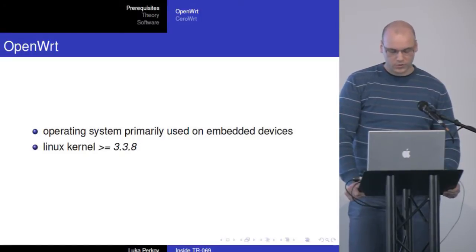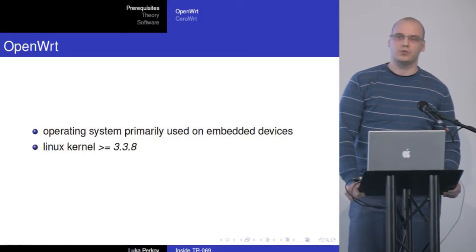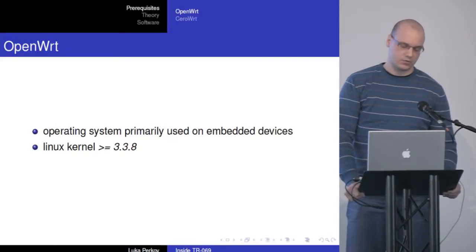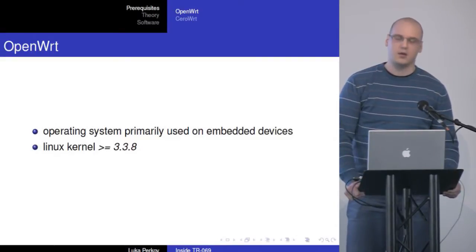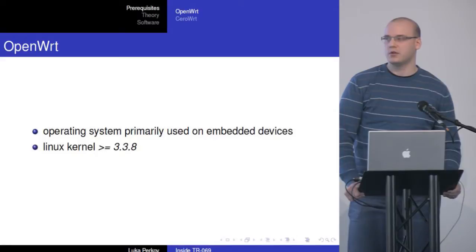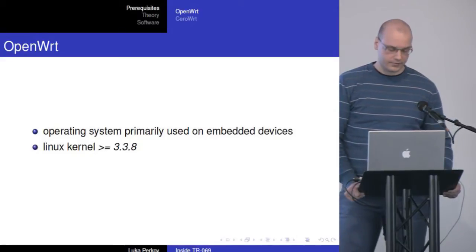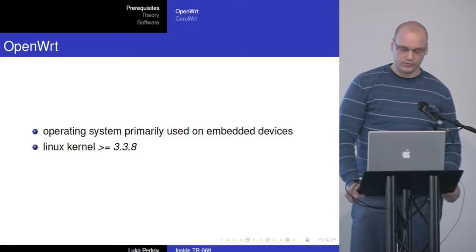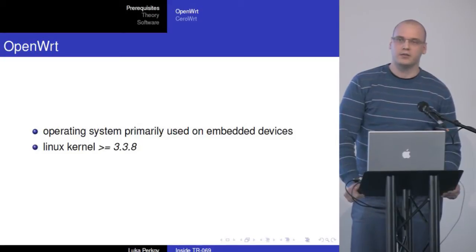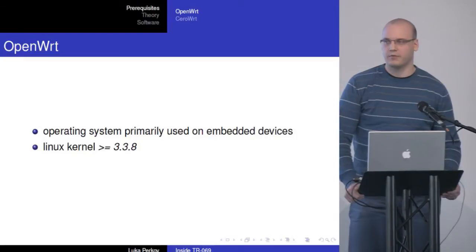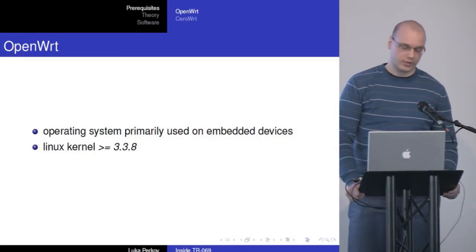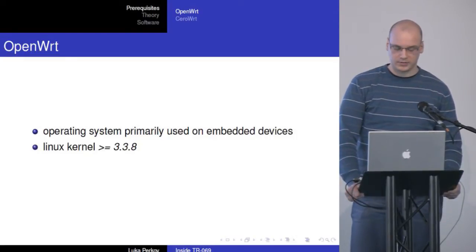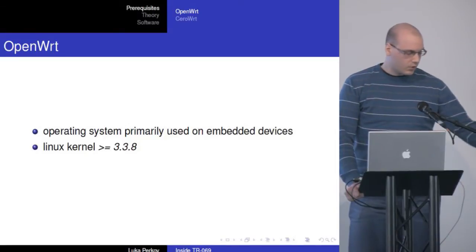We are going to release the Attitude Adjustment release soon. It's now in release candidate state. All the targets currently have the 3.3.8 kernel, and in trunk we have even upgraded some boards to the 3.8 kernel.